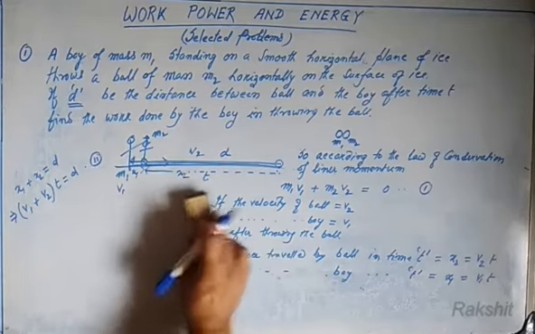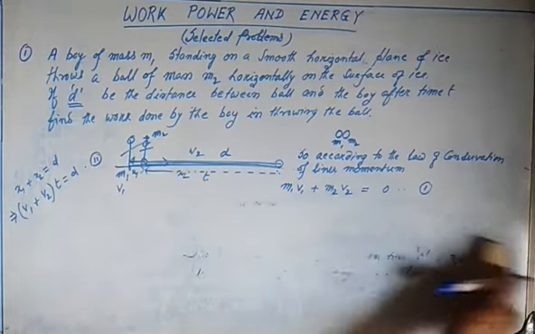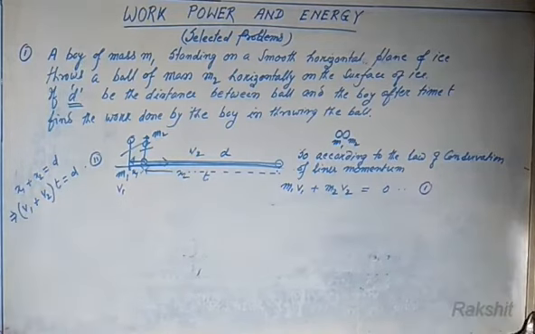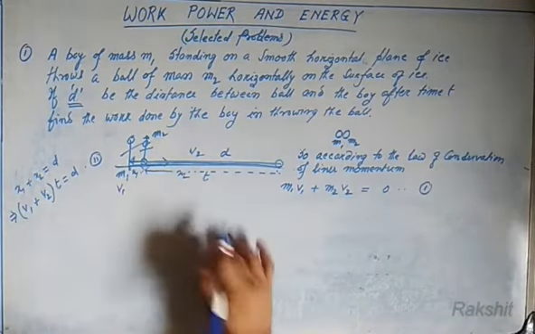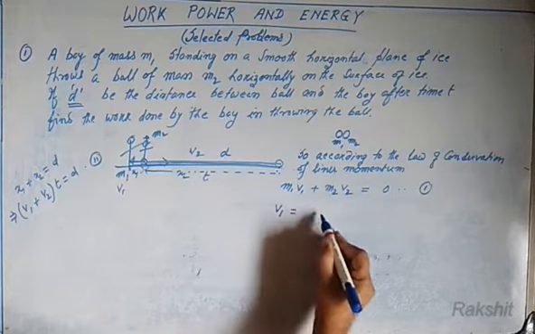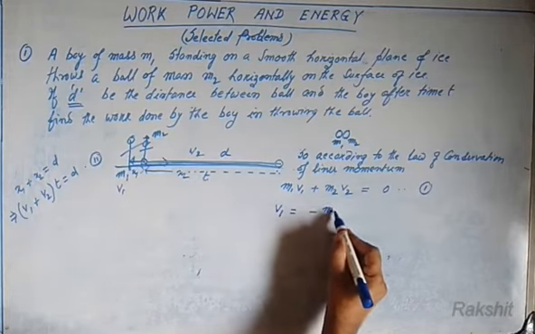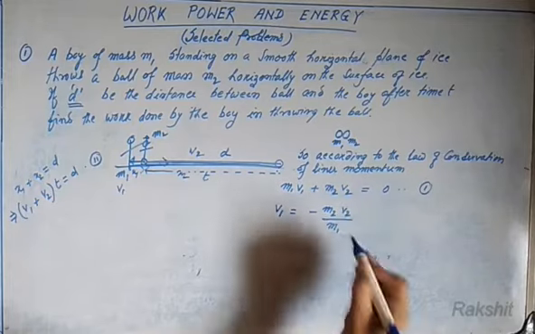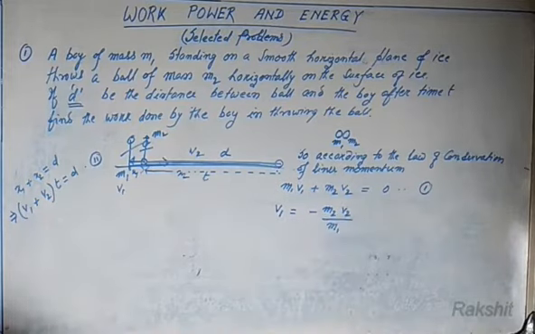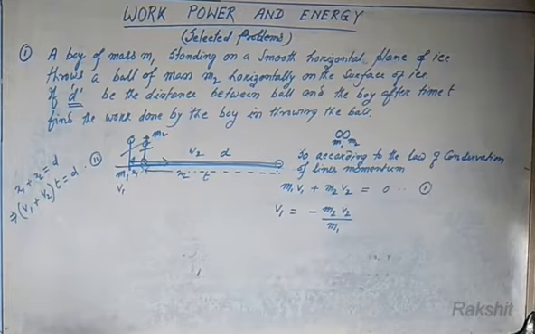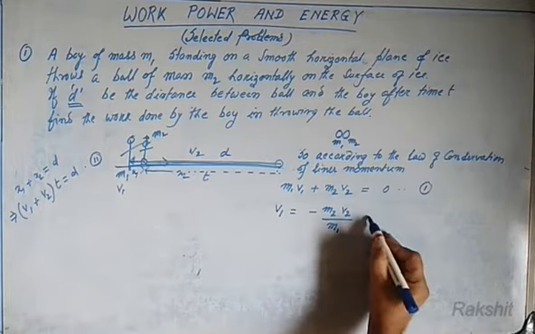From equation number 1 we get v1 is equal to minus m2 v2 by m1. This is equation number 3.